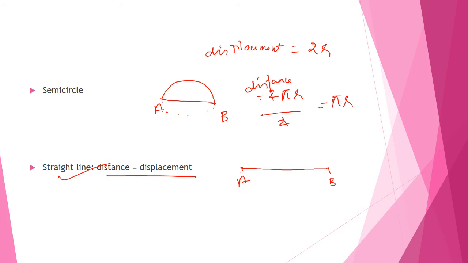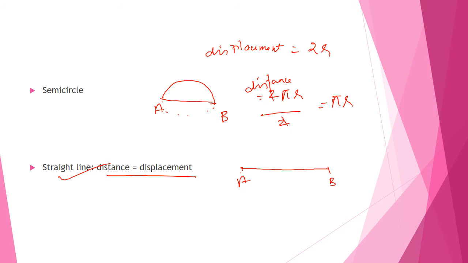Then what about displacement? Displacement, you know, is the shortest distance. Here the initial point is A and the final point is B. Suppose this is part of a circle and this line is called a diameter. So displacement will be the diameter, and how to find it? 2 into radius. So here the displacement is 2r.